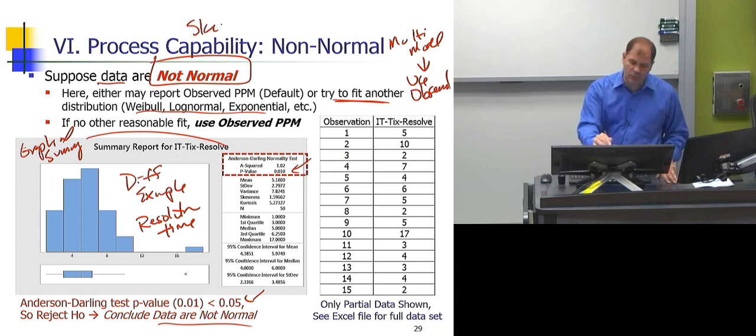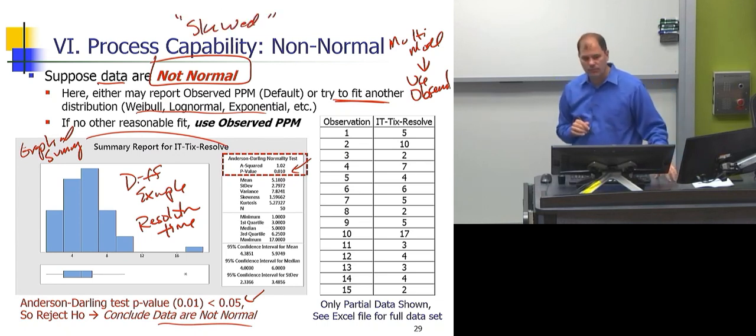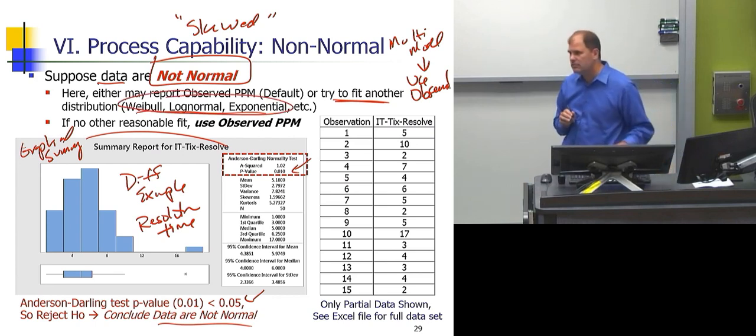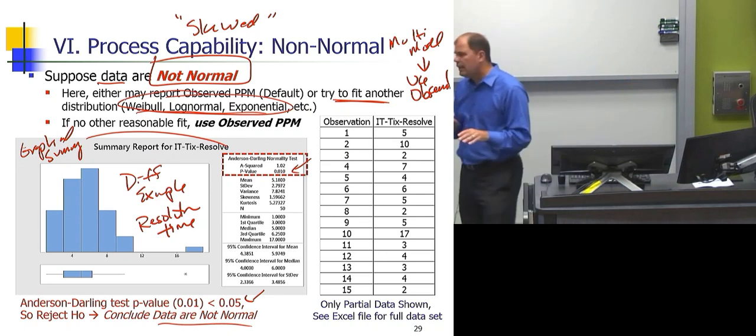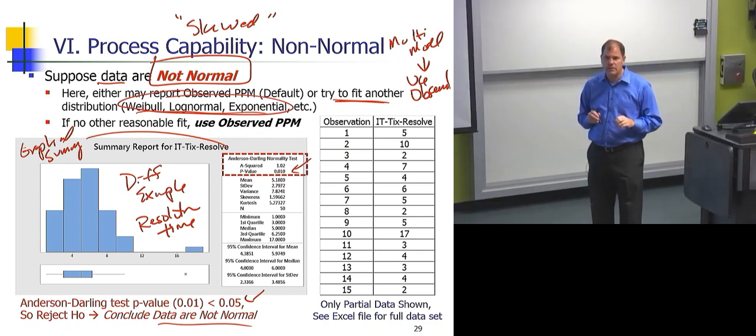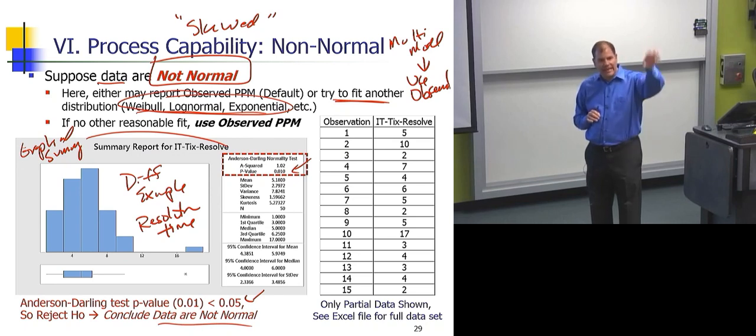But if I have skewed, I have some options. These would be the classic 3 options. I will say one more thing. If you go to Minitab and you say fit another distribution, it's going to give you a list of like 100 different distributions. On that list, I suspect none of you can explain 99% of what they are.